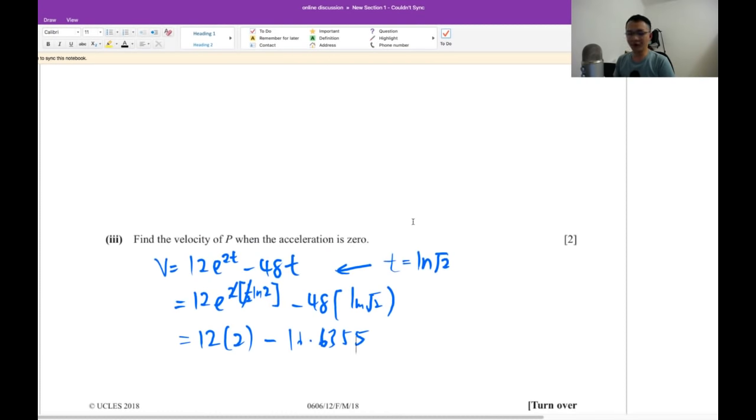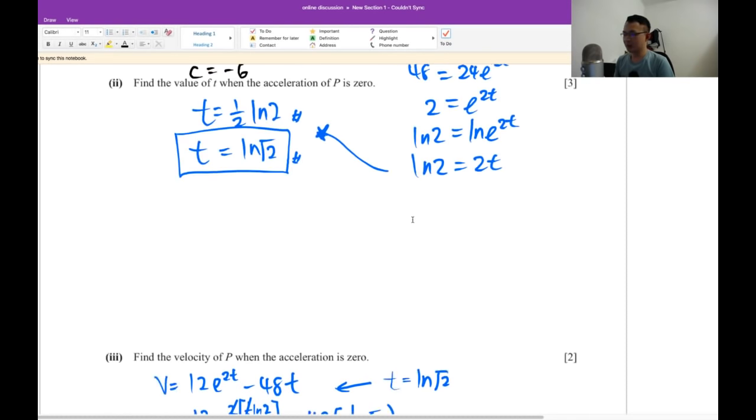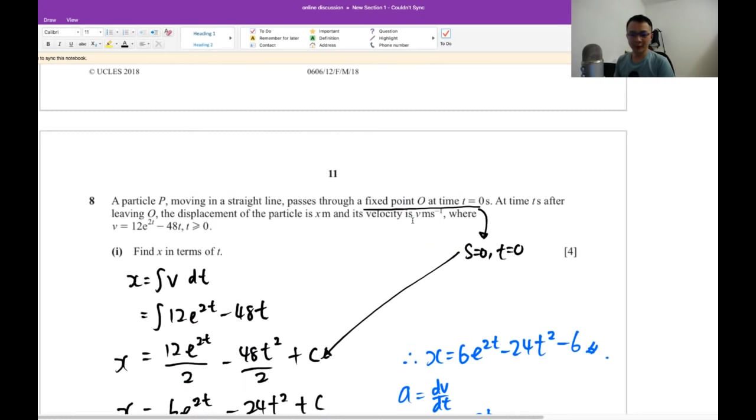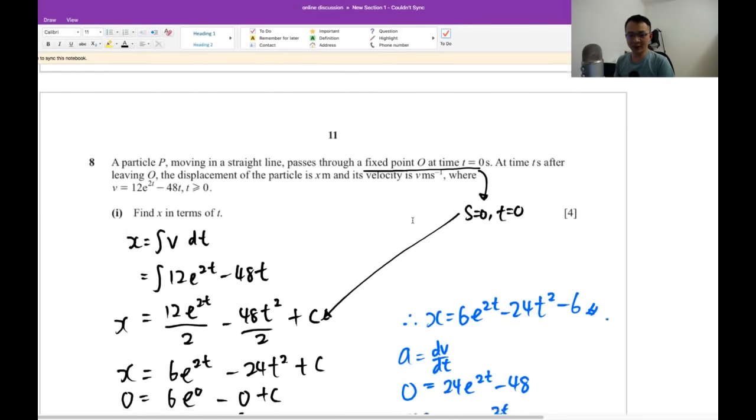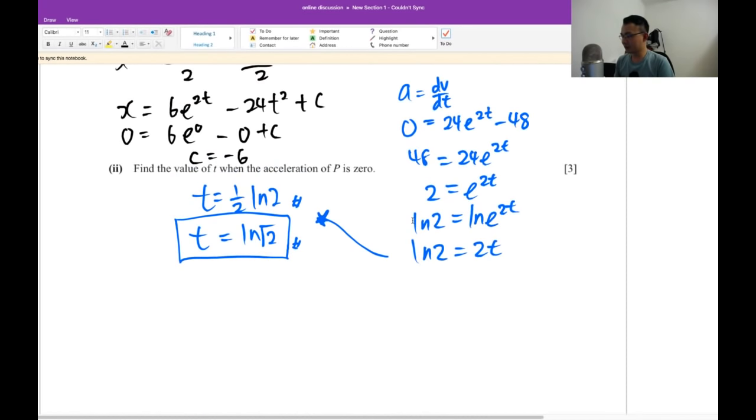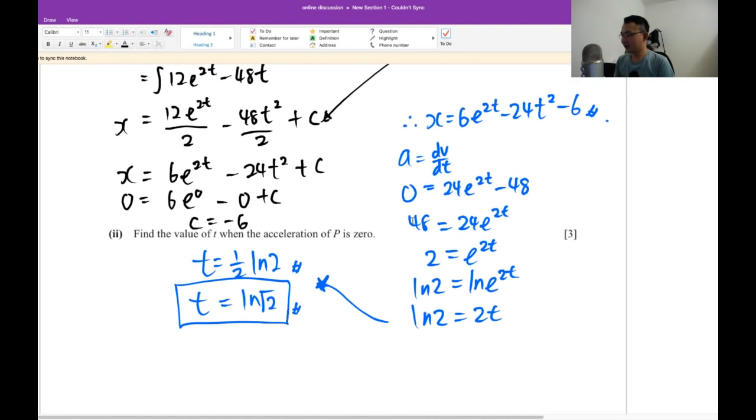Yeah, what happened for kinematics? Alright, so the second question, this one, find the value of t when acceleration of p is 0.